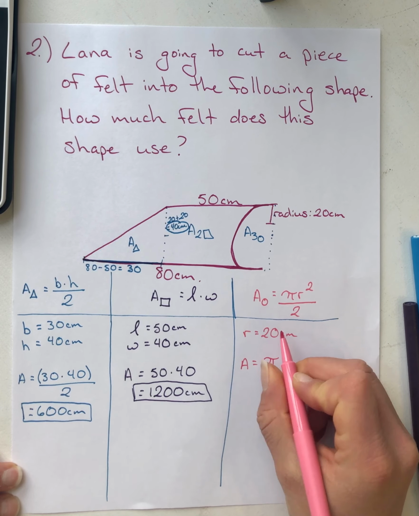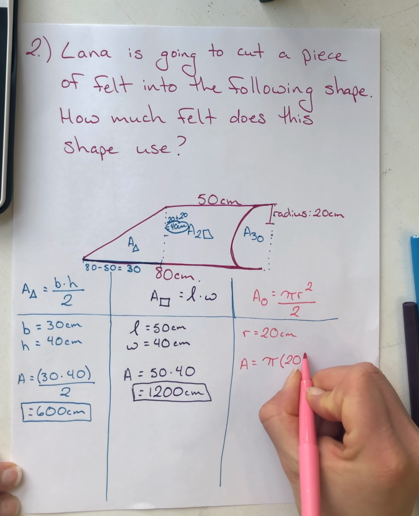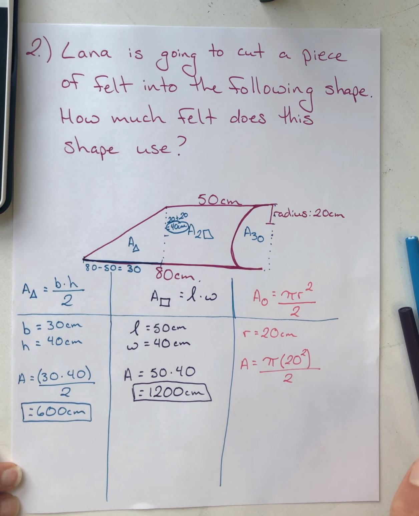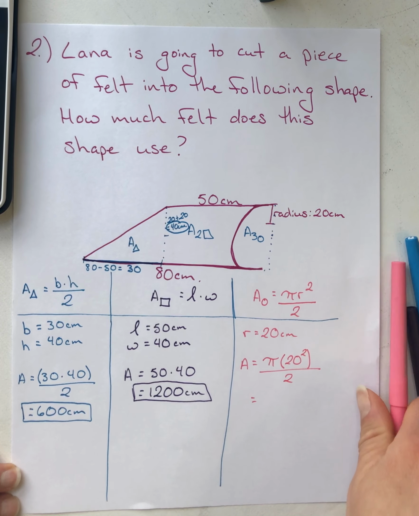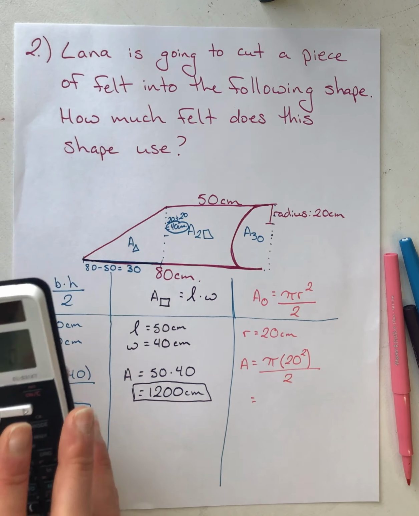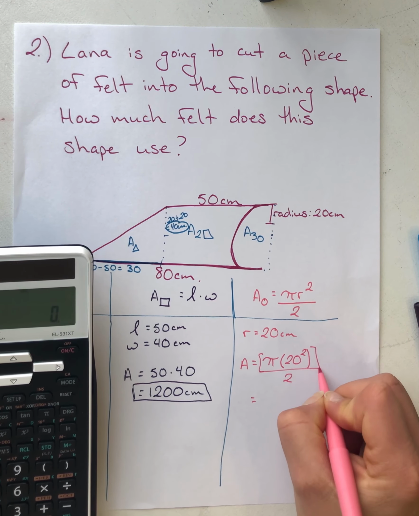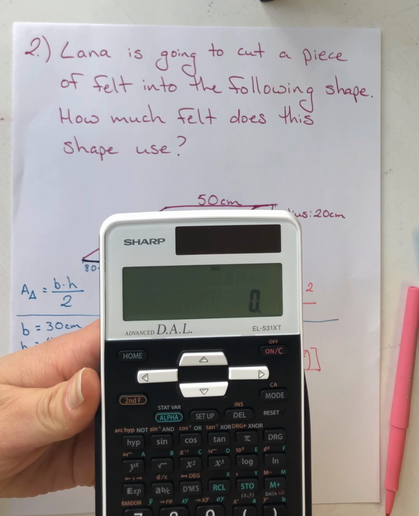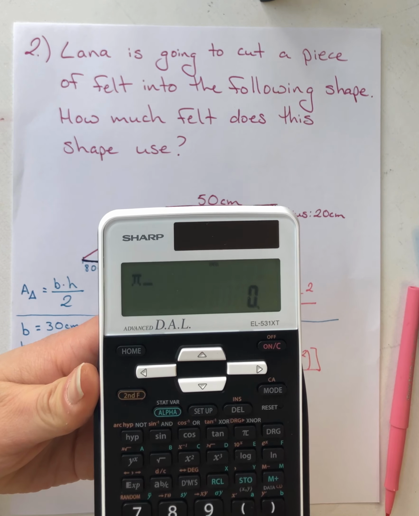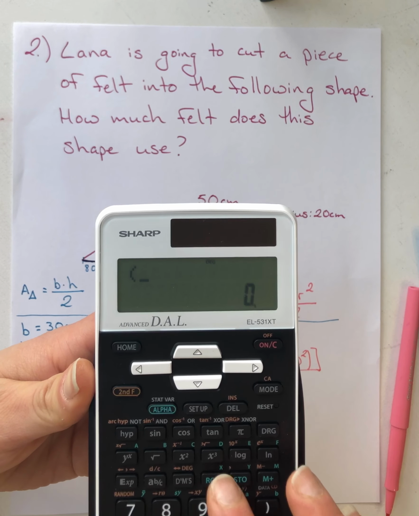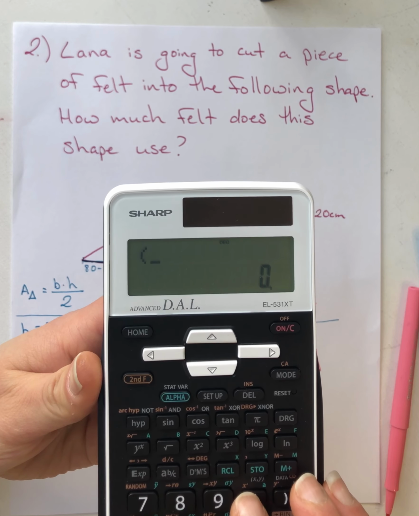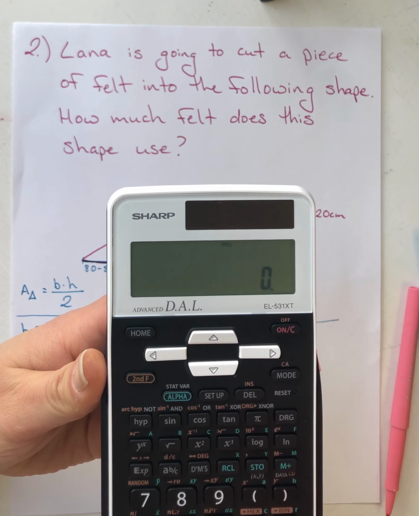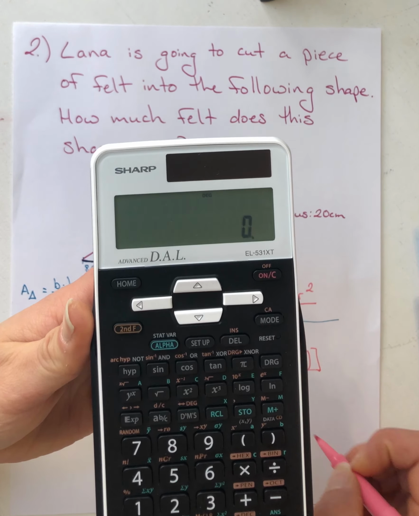So I'm going to plug in pi, and then my r, 20 squared, divided by 2. So I can either plug that whole thing in with a bracket up top. I'm going to do the top part first.